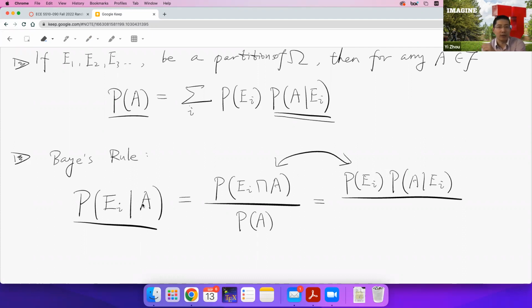Here it's EI given A, but here we are relating this term to probability of A given EI. So this is how we process the numerator. We can decompose this probability term into such a conditional probability. And for the denominator, we can just apply this partition rule. So P of A can be decomposed into such a summation of terms.